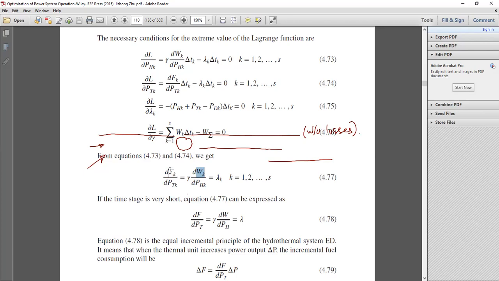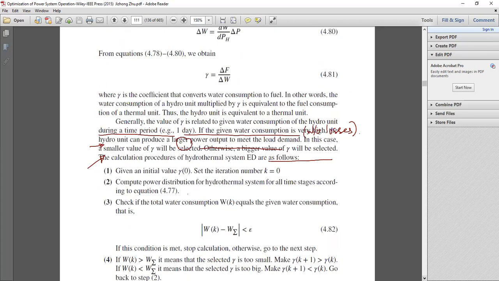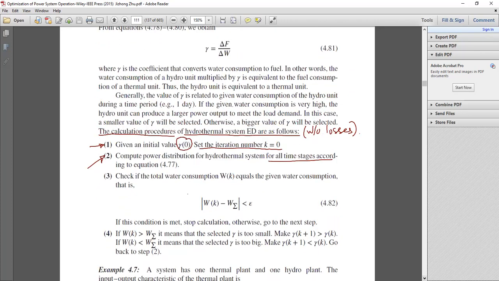So we need the specific mathematical model for the thermal unit fuel cost function, and we need the hydro unit input output characteristics function, mostly a quadratic function that we are taking into account in this course. So besides gamma, we need to have this fk value for the kth instance and wk value for the kth instance. Hopefully those will be given for a specific problem.